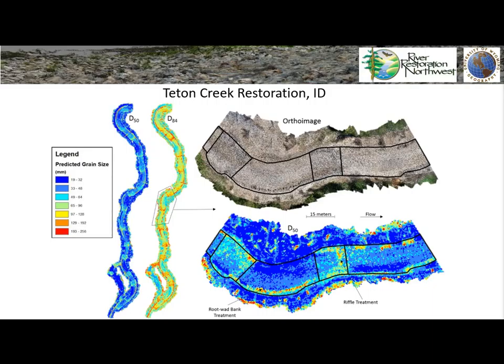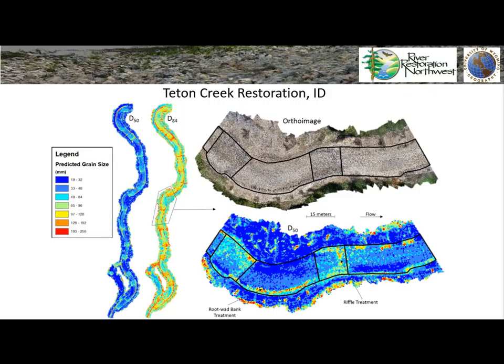What we can see here is that he's effectively mapped, using structure from motion, about 3 kilometers of river channel. This is an entire restoration project that in the summertime is dewatered from overuse and over-allocation of water resources.